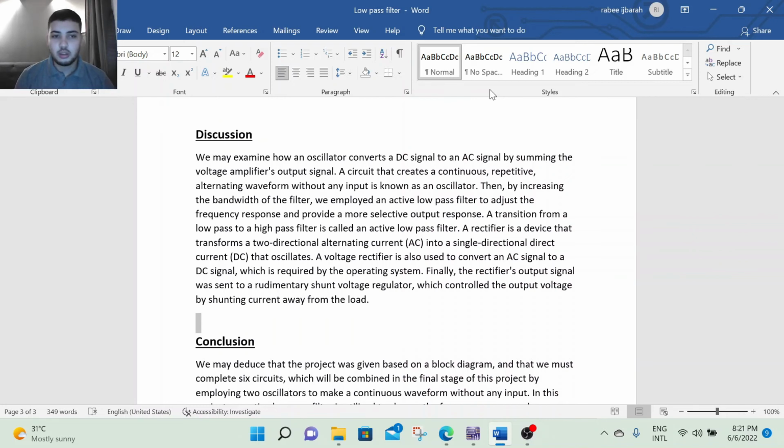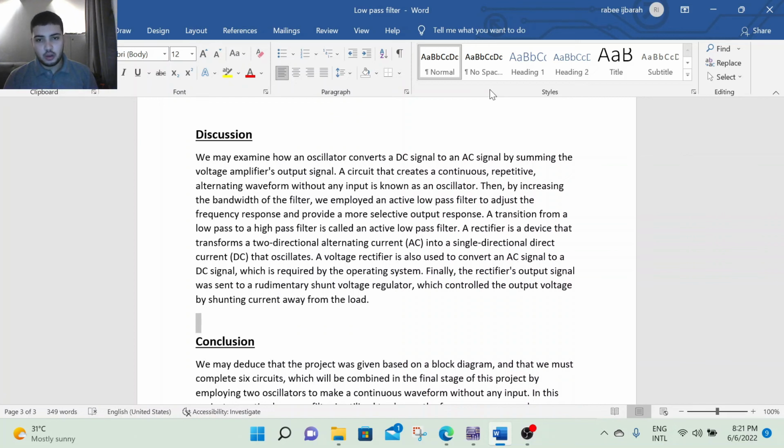Then, by increasing the bandwidth of the filter, we employ an active low pass filter to adjust the frequency response and provide a more selective output response. A transition from a low pass to a high pass filter is called an active low pass filter.